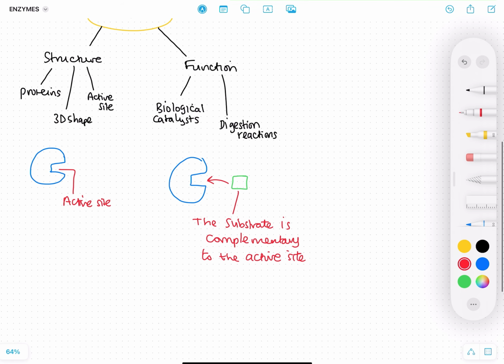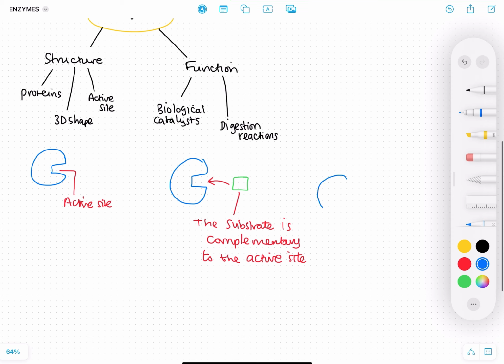Once the substrate joins to the active site, the name for this structure is an enzyme substrate complex, ESC for short.